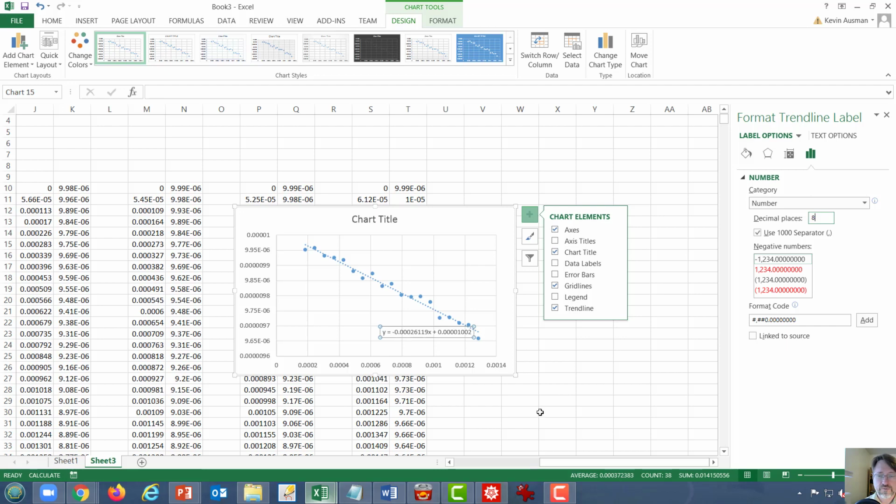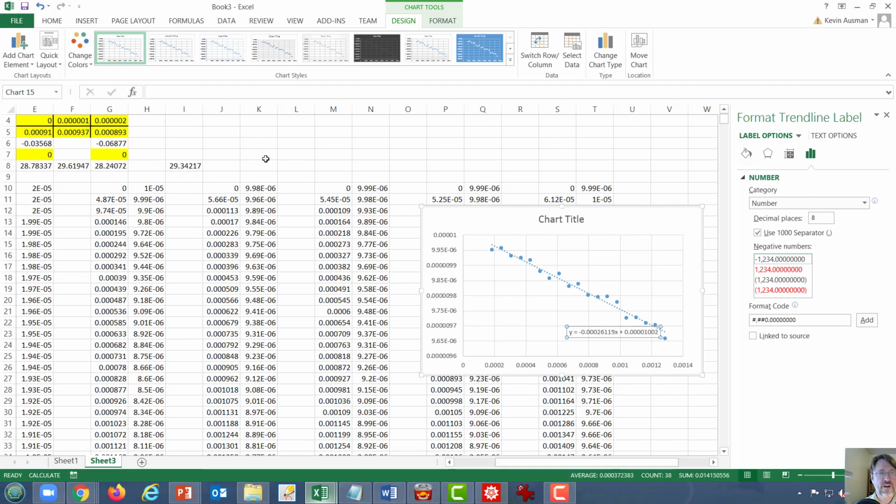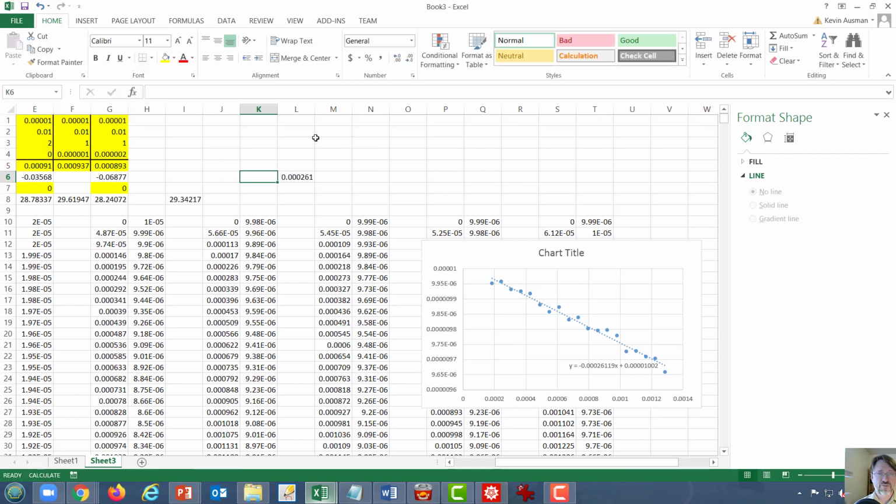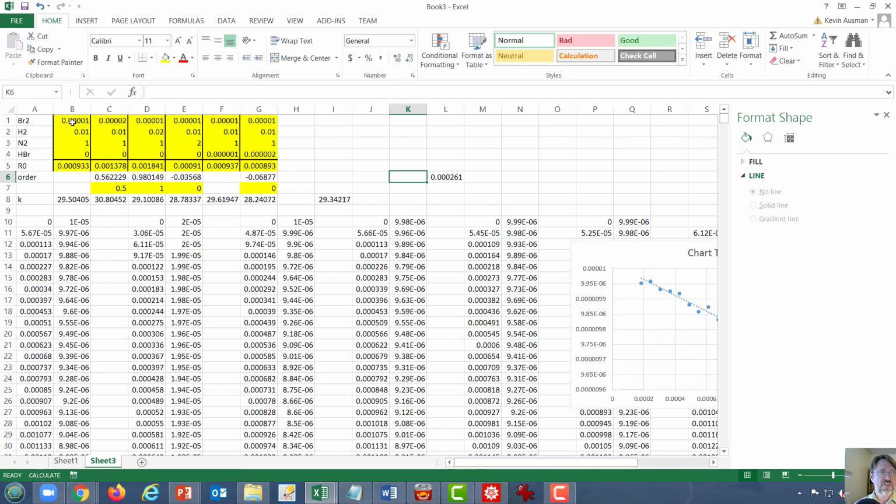All right, so bring this back. So we're going to have now 0.00026119 for an initial rate. We have the same concentrations that we had here.